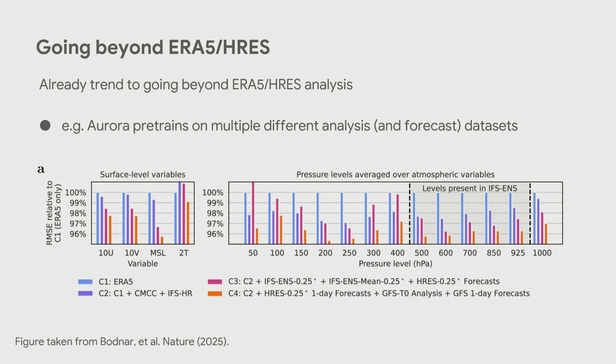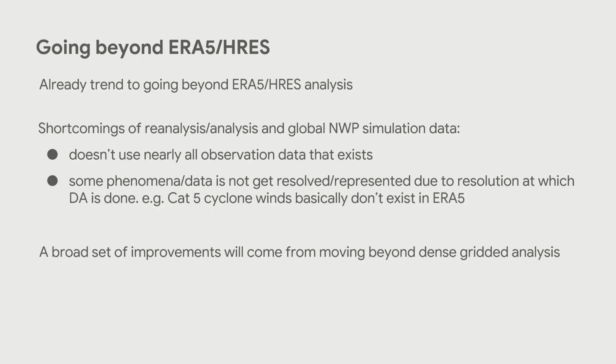And this is one which contains not just ERA5, but CMIP6, so climate simulation data, and also one-day forecasts from numerical weather prediction. So the general idea here, okay, expanding the data set, a bigger data set is better, true.